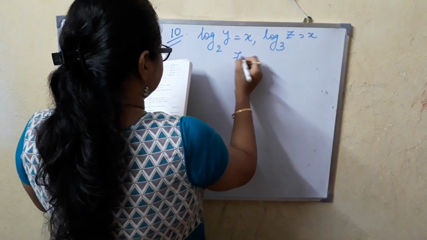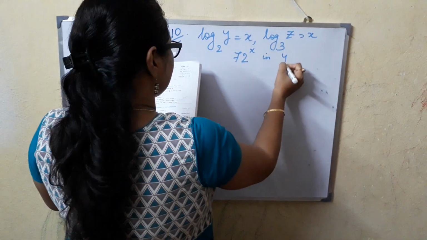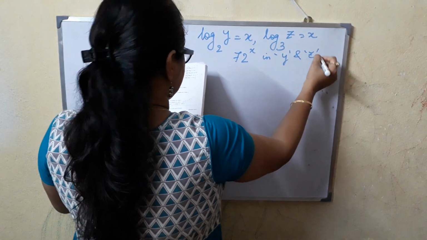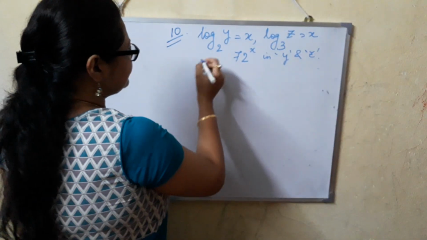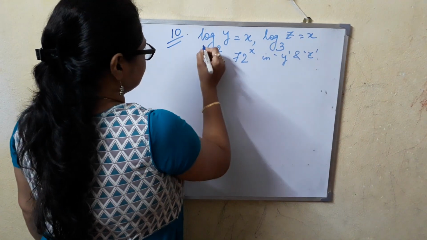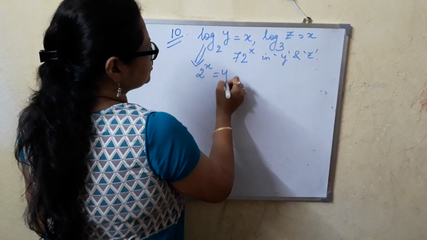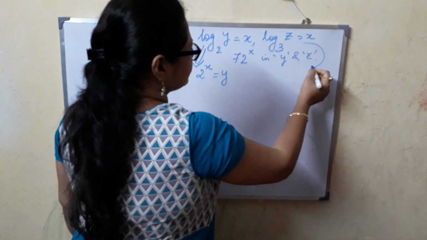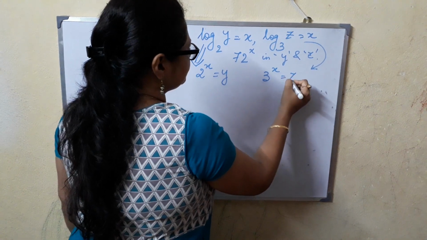And they told you to find out 72 to the power of x in y and z. Simple sum. Okay. So when we write this in exponential form, this one can be written as 2 to the power of x is equal to y, and this one can be written as 3 to the power of x is equal to z.